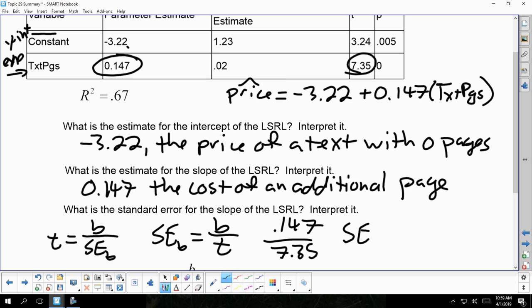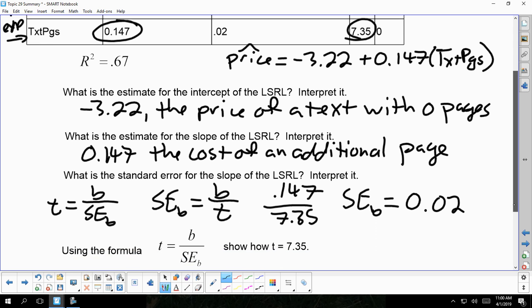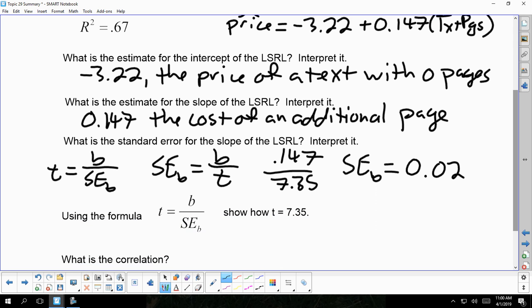The standard error of the slope, therefore, is 0.02. Essentially, we just did that up here, right?